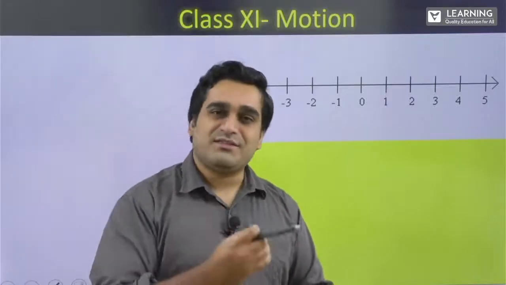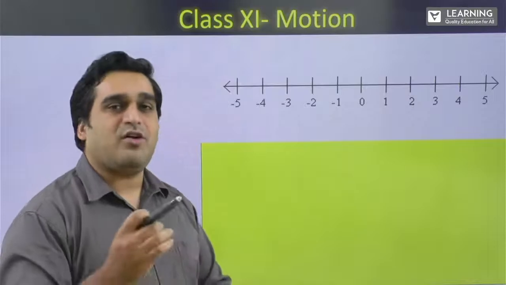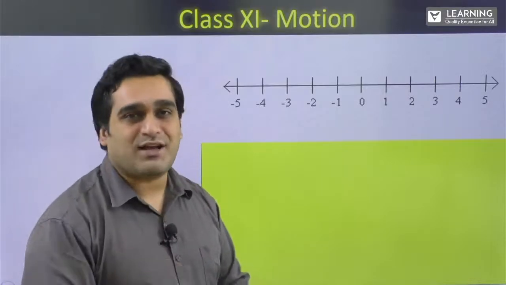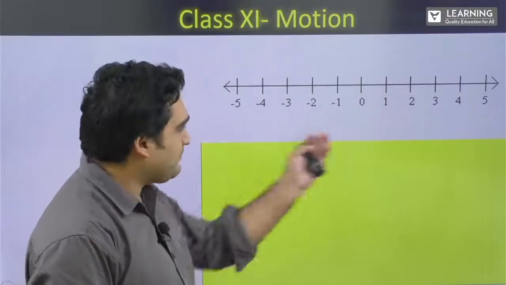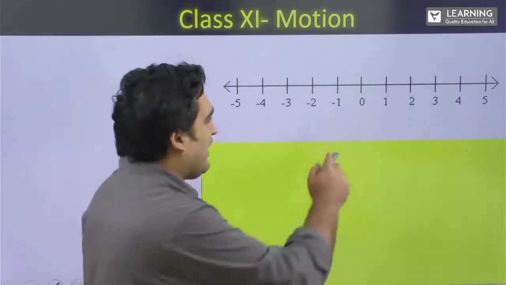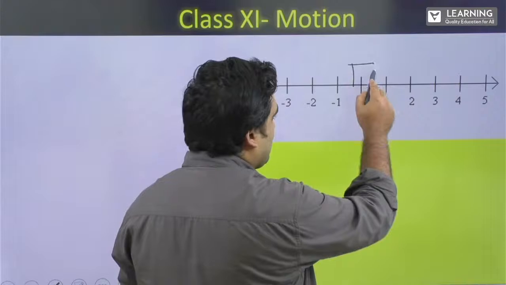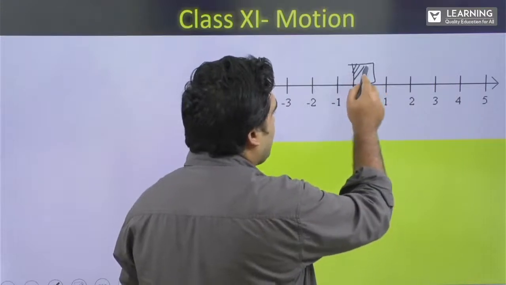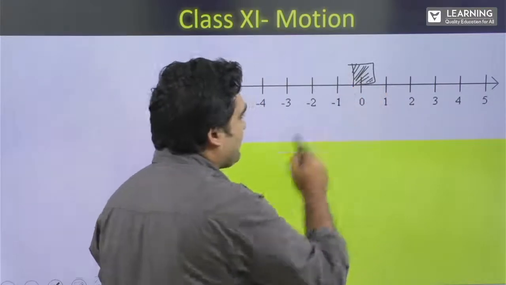So let us take this particular example where an object displaces along a number line. Okay. So I have a box which is located at 0.